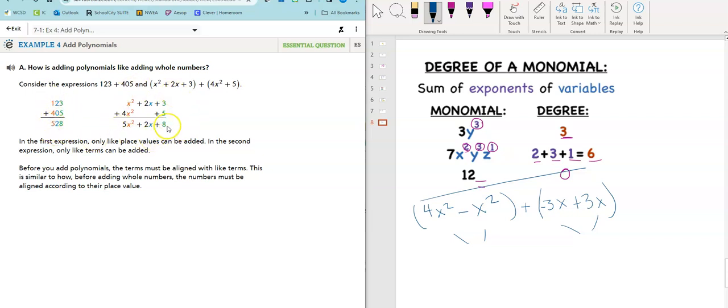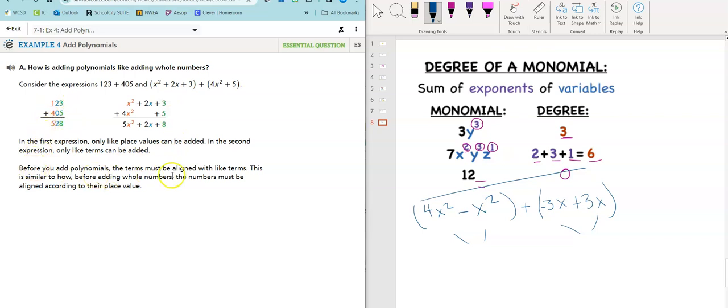Just like over here, we added up our constants, our linear polynomials, and our, no, linear and what do they call the two? Oh, quadratic polynomials. Over here, basically, I'm just lining up my constants, my x's, and my x squared. And I can almost add them vertically, just like you do with place value, okay?